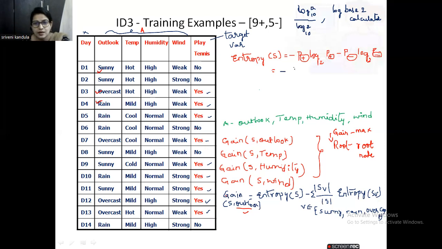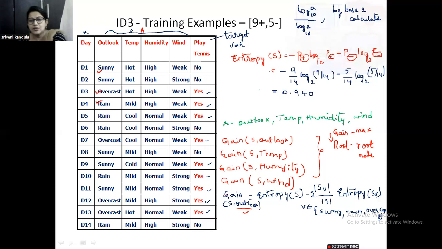Positive examples are 9 and the overall examples are 14. 9 by 14 multiplied with log base 2 of 9 by 14, minus P negative. The negative examples are 5 divided by the overall examples, 14, log base 2 of 5 by 14. If you simplify this, you will get a value of 0.940.